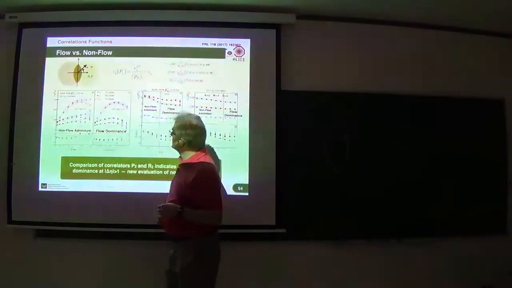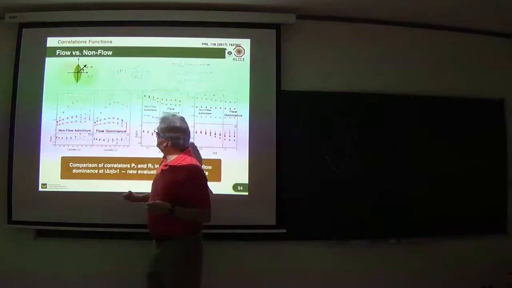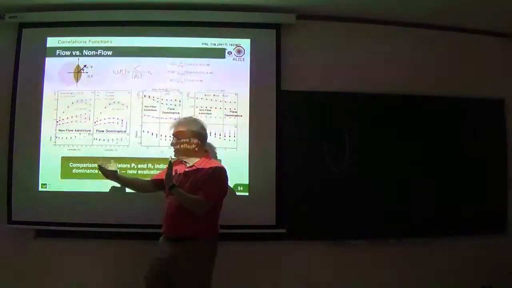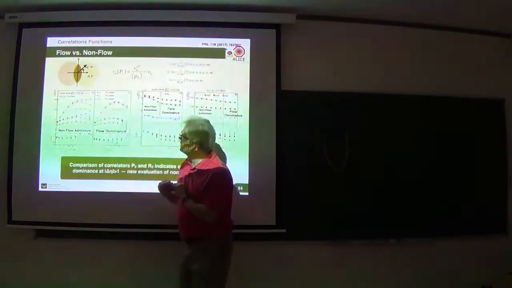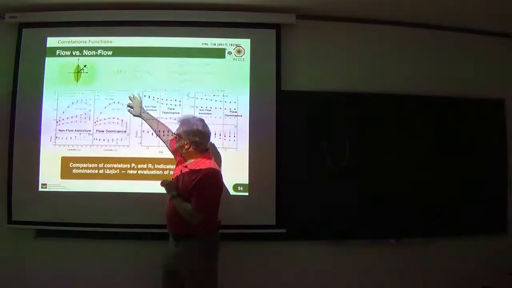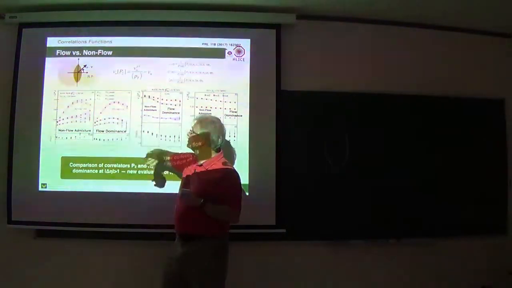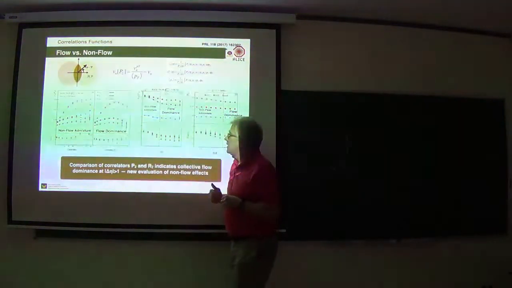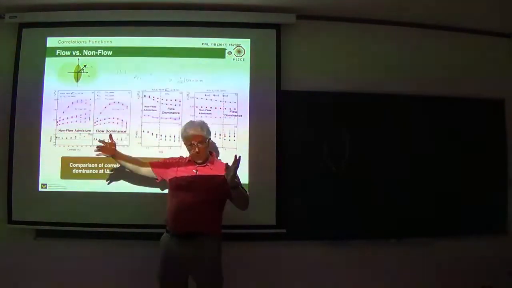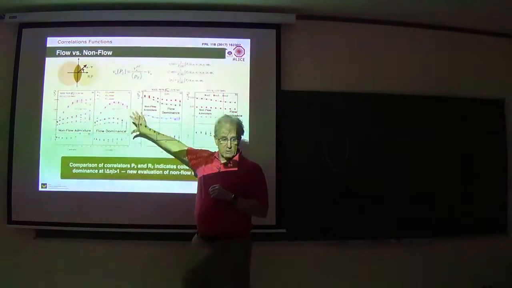And what we find is that if you go to large rapidity gap, 0.9 to 1.9, there's a very good agreement between the prediction, quote unquote, and the measurement. And so that tells us that at large rapidity gap, flow actually dominates.